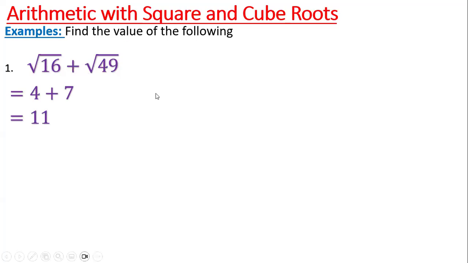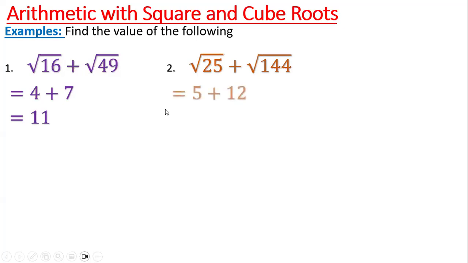So let's do another one. Again, the first thing we do is take the square root of each of these, then we just add them. You have to go back to your table. For this one, we have the square root of 25 plus the square root of 144. How are we going to do this? 5 plus 12.